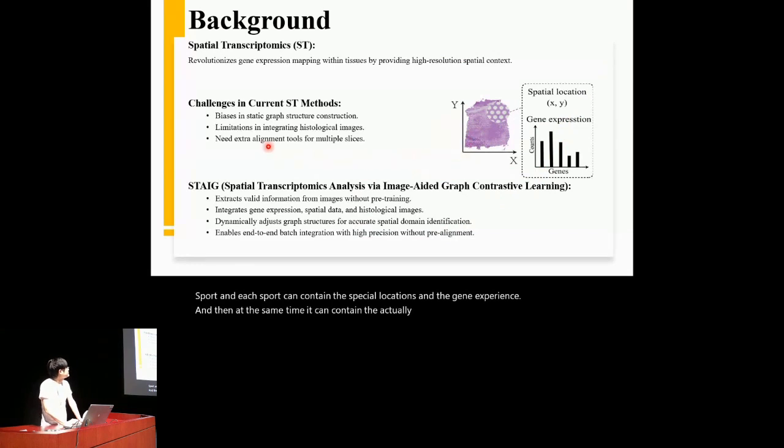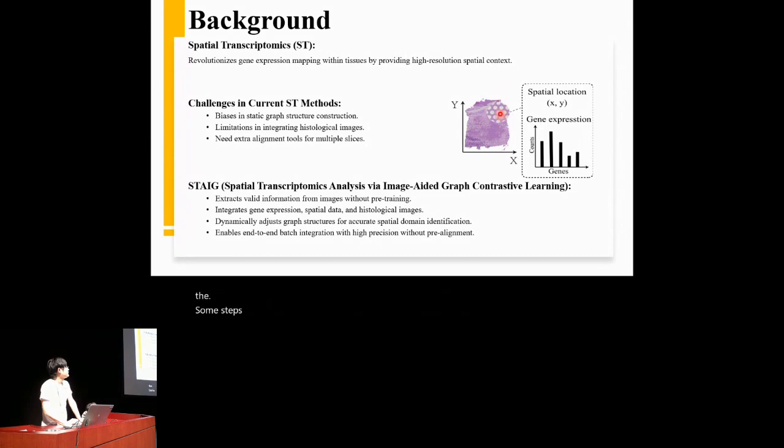We know that there already exist several spatial transcriptomic, ST, data analysis methods. However, they have some limitations. First is the bias in the static graph contrastive structure. In traditional methods, we first transfer the spatial locations into a graph, and they build the graph in some steps.